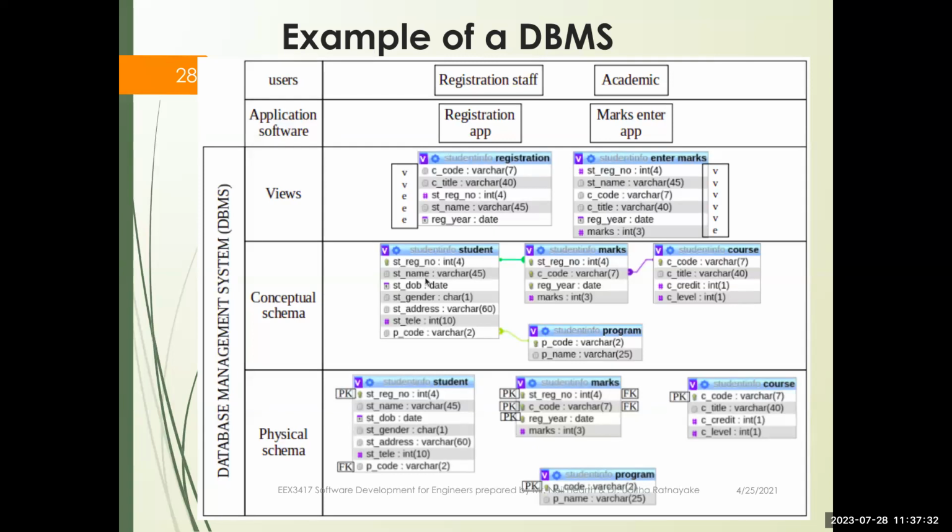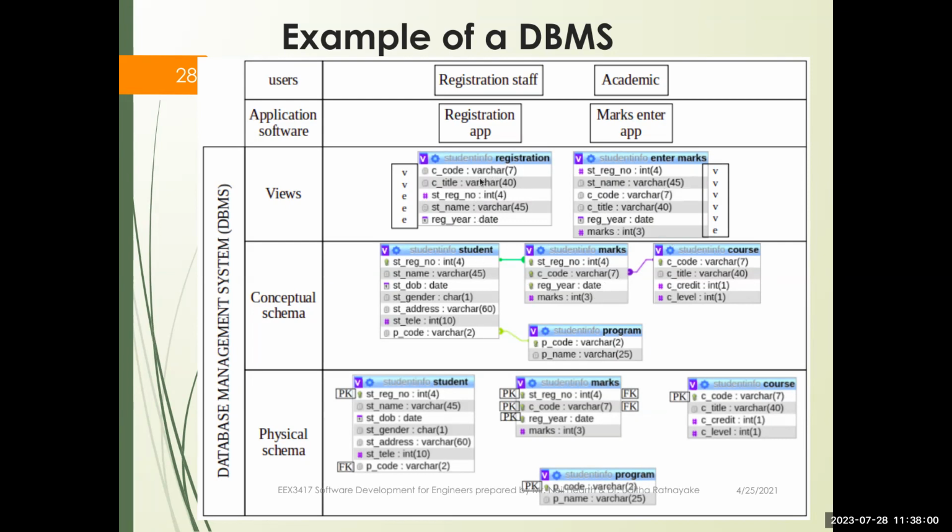From this table. Course code from this course table. Course title from this table. Registration year we can take from this table. Marks also we can take from this table. We use these three tables to get this view.